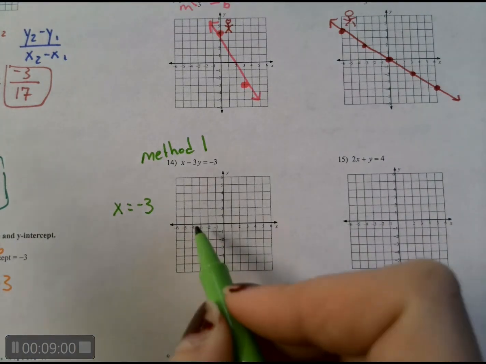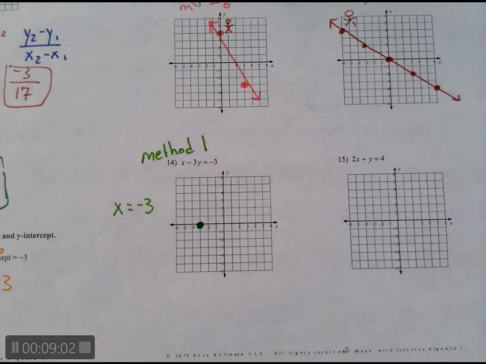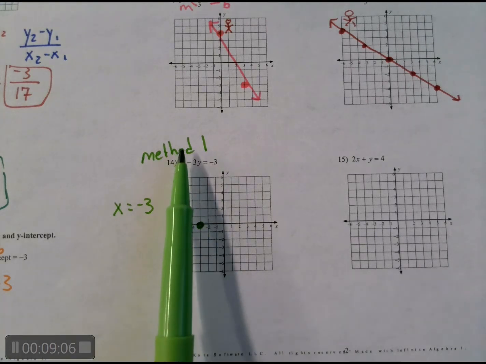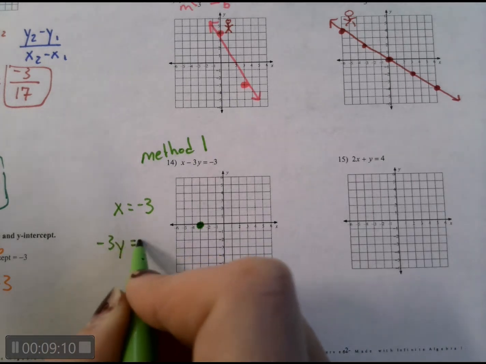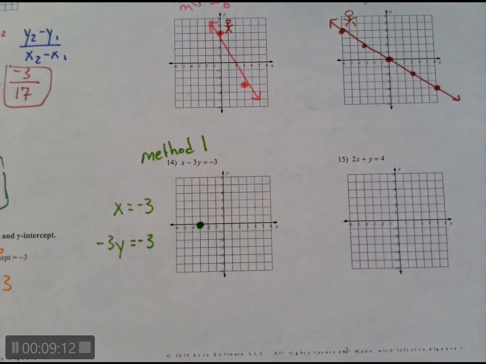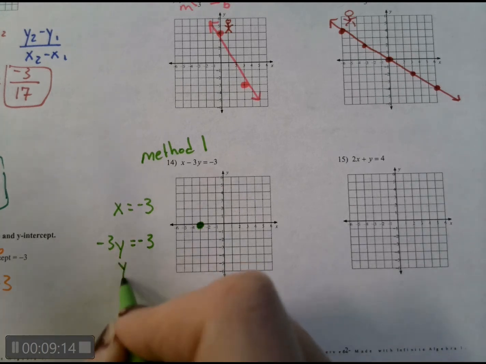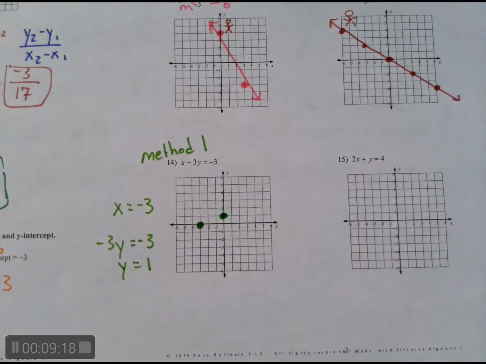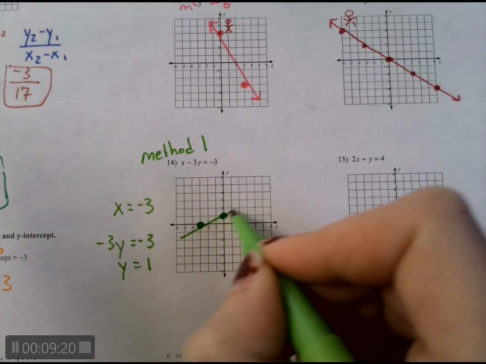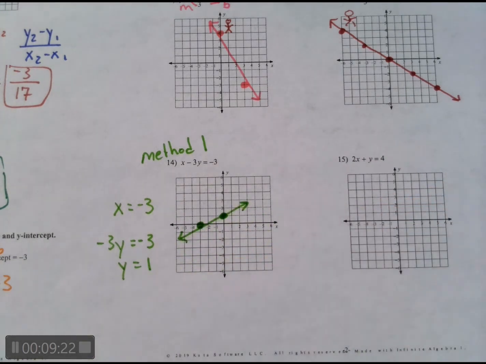And then you can plot x equals negative 3, just like that. Okay? And then you will hide your x to get negative 3y equals negative 3. Divide both sides by negative 3, and you get y equals 1, and you can plot that. And then you have your 2 points, and you draw your line. Okay? So that's method 1.